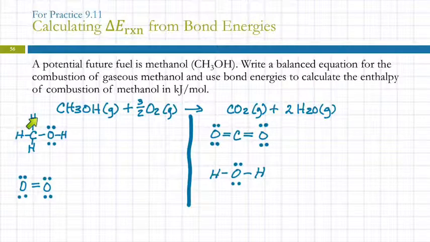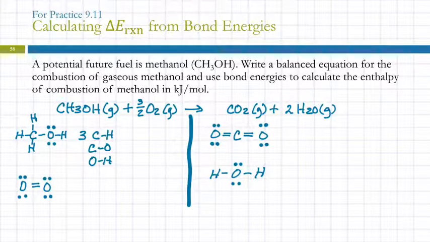If I look at this methanol molecule, I have 3 carbon-hydrogen bonds in that one molecule. I have a carbon-oxygen single bond and an oxygen-hydrogen single bond. You see that? Let's maybe highlight those.